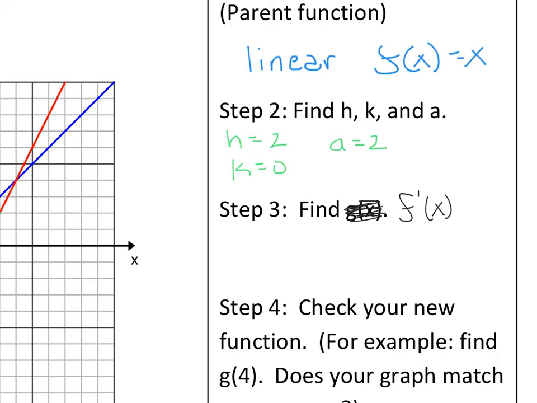So our f prime of x, the original function was x, so now we have a 2. A is 2, so we have a 2, and then it's x minus 2, because your h is 2, so that turns into x minus 2. And there's no k, so that's all we do.